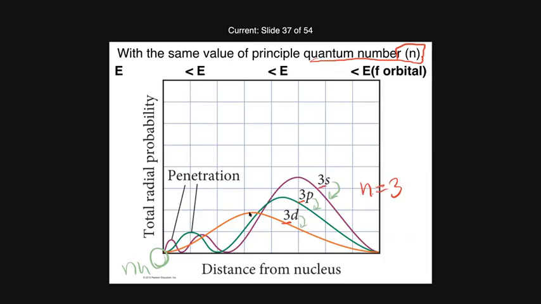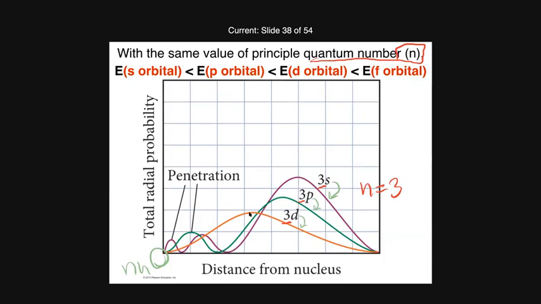When you are comparing with the same principal quantum number, you're going to see that the energy of the s orbital is lower than p, and lower than d, and of course the energy of the f orbital would be the highest.